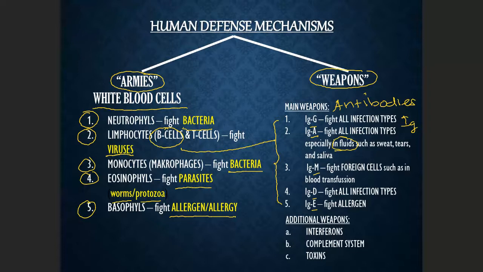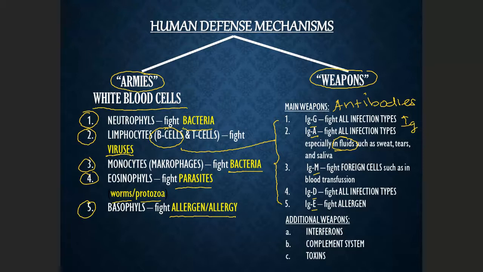So this IgA is located in the fluid that we produce, for example, in the tears, mucus, and sweat. So IgG is located in the blood, while the IgA is mostly located in the secreted fluid.